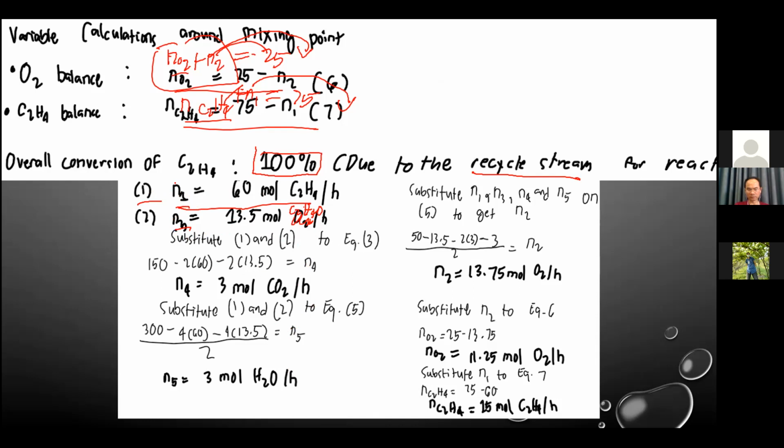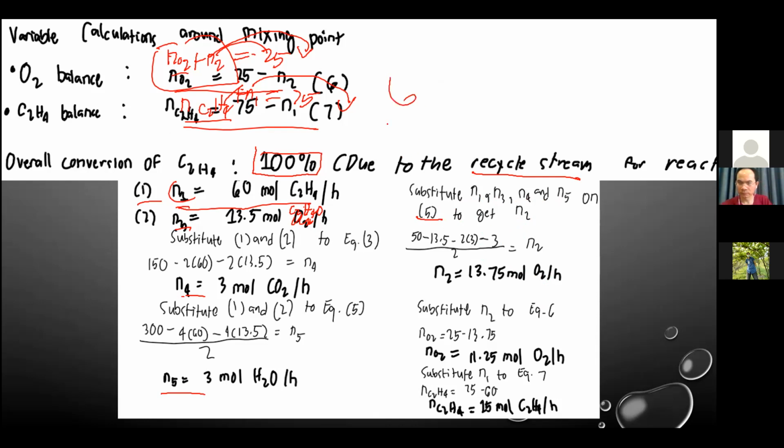Just substitute the known variables to the equation, so that we can know the N4, and then eventually the N5, which is the molar fraction of water. As we solve some of the variables, we're going to substitute the N1, N3, N4, and N5 to equation 5 to get the N2, which is 30.75 moles of O2.